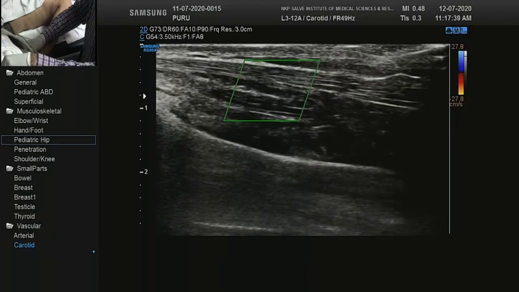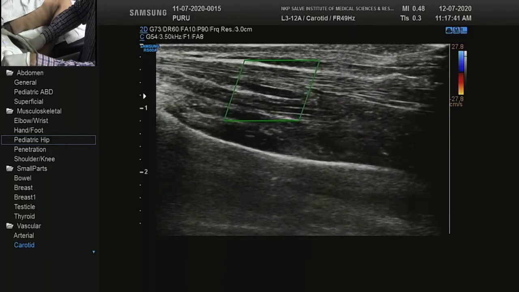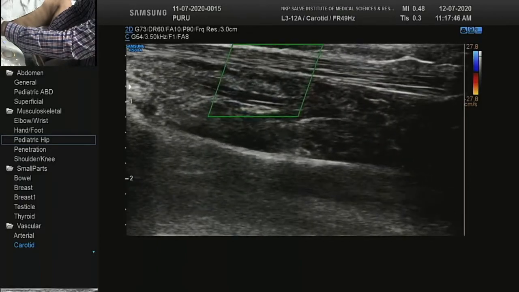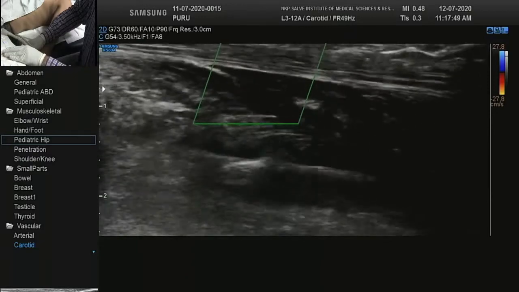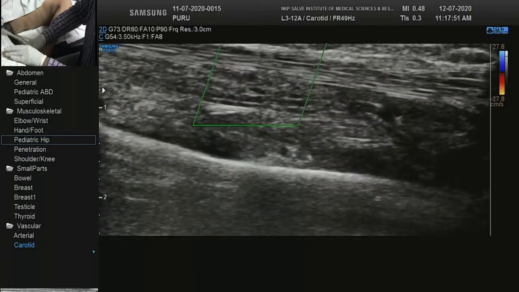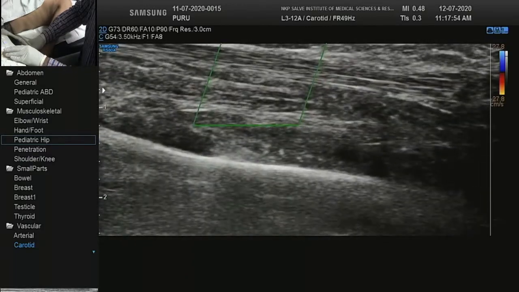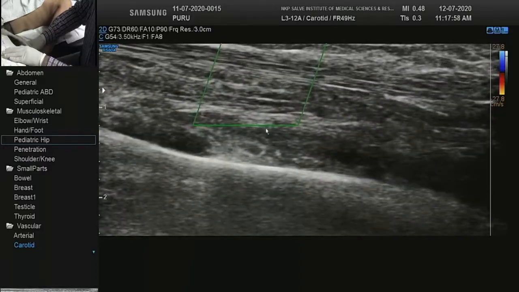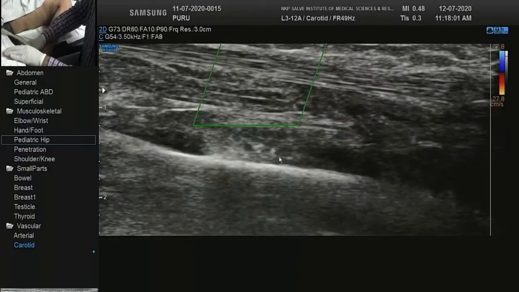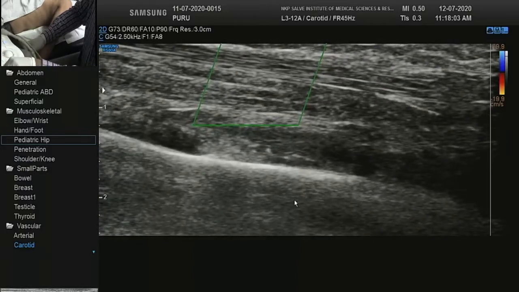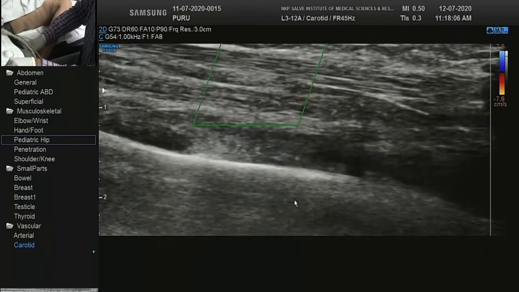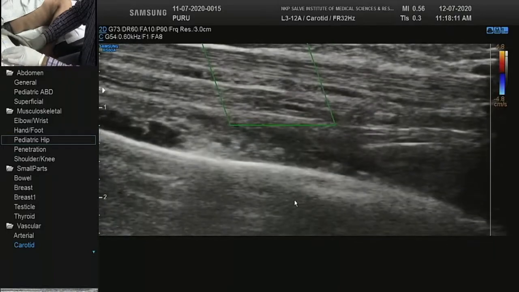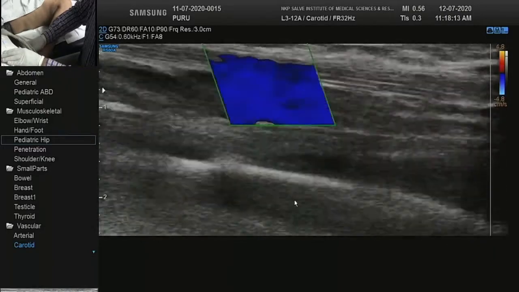What is happening? Why are we not seeing it? You can see the pulsation. I'll zoom the image. Can you see the pulsation there? Here you can see the pulsation, but we are not seeing it. Two things have happened. One is our scale is too high. Second, our steer is not proper.